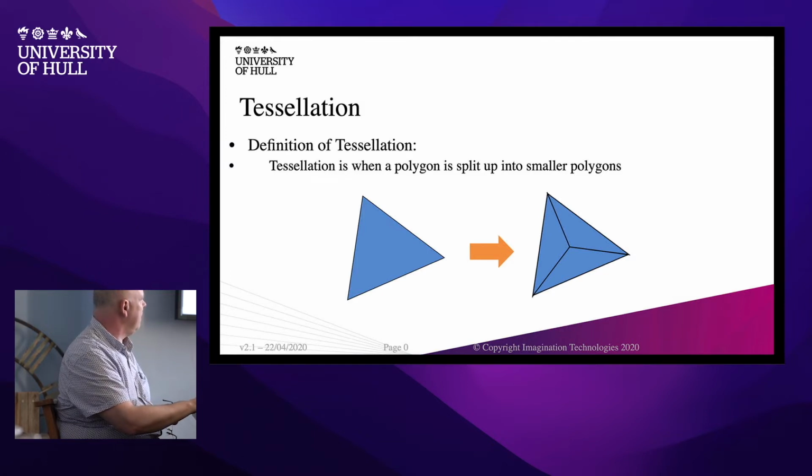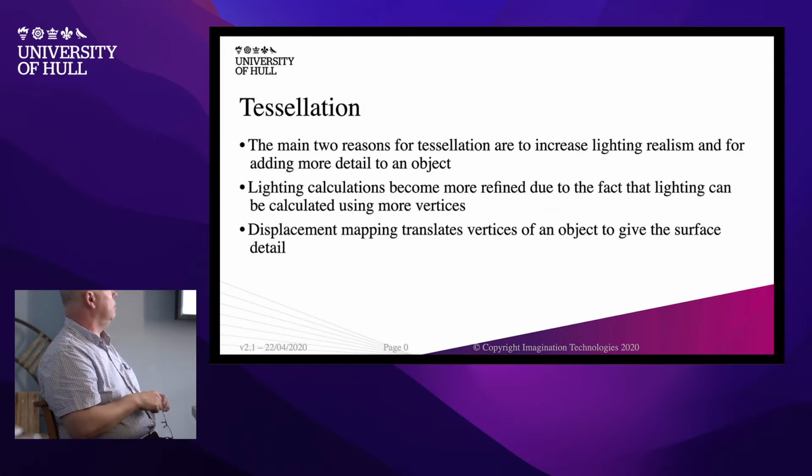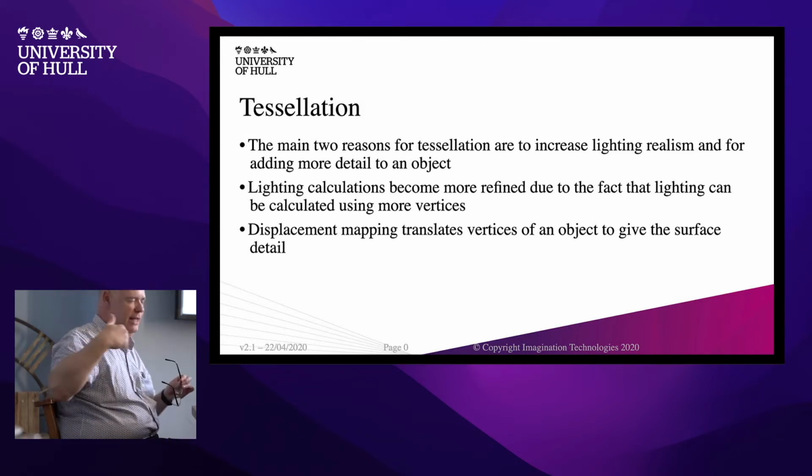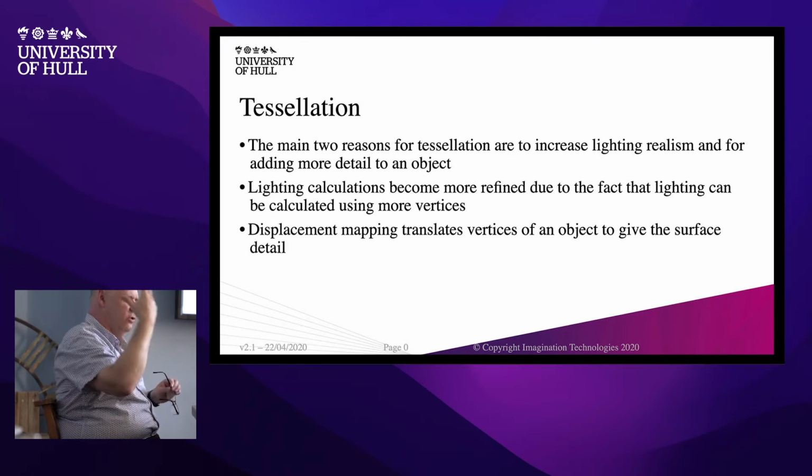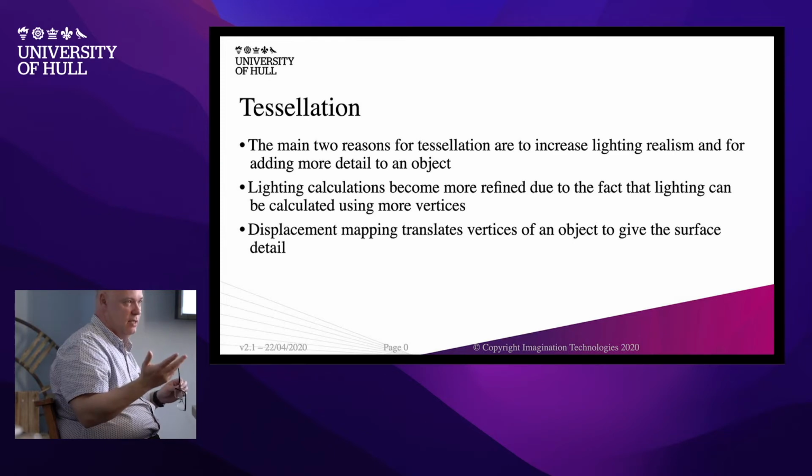Why would you do that? Well, two main reasons. One is lighting. Now, later on in the module, we go through lighting in detail and look at how it's all done. But basically, the more vertices you have, the more normals you have, the better the lighting calculation.